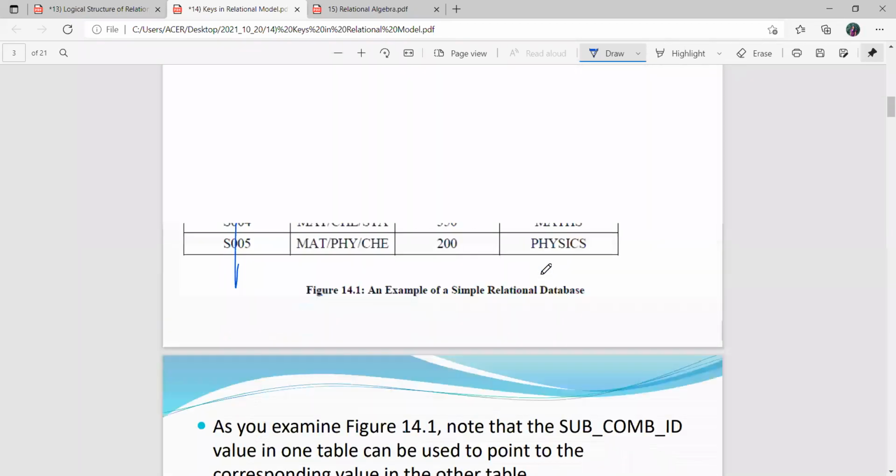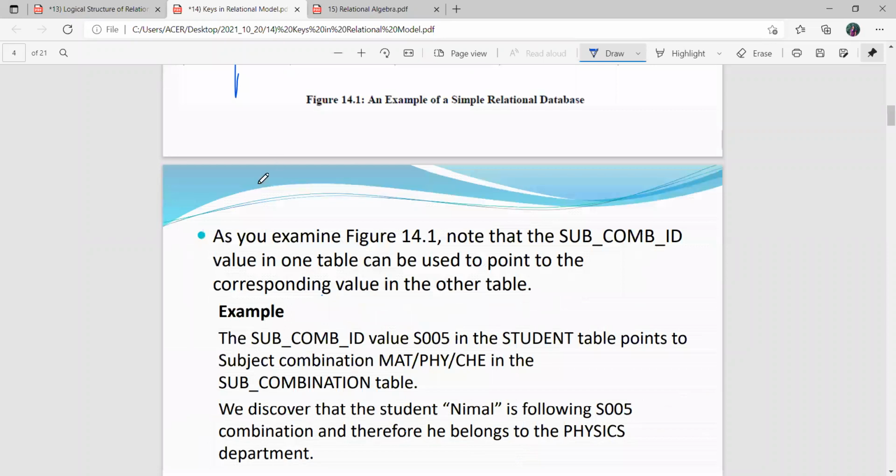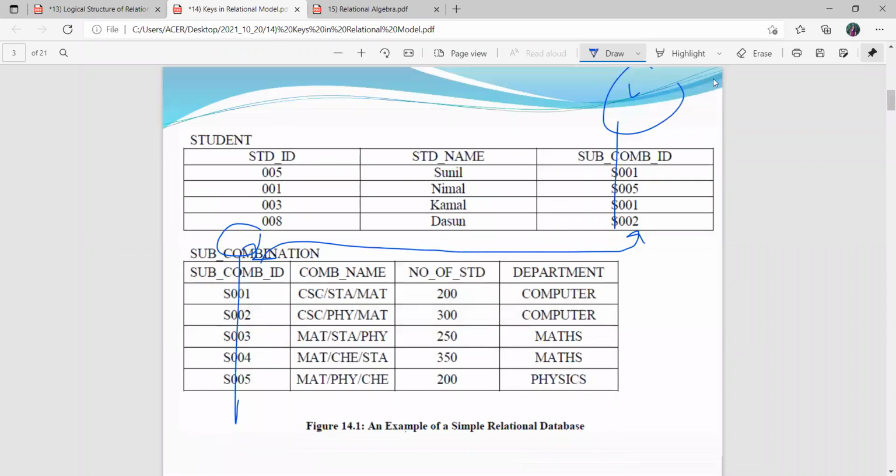This is about student ID, student name, and student combination. This student combination is from this table. The student combination table consists of the student combination ID, which is also available in the student table, then the combination name, number of students, and the department.